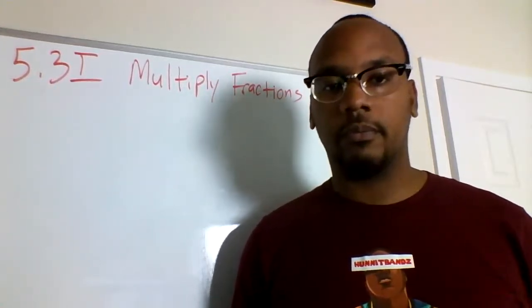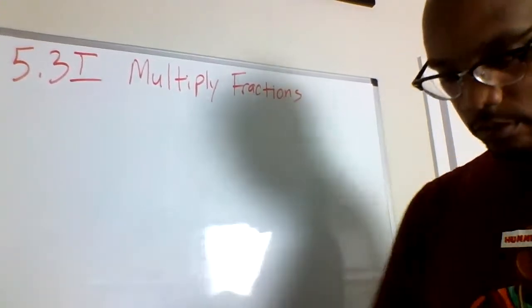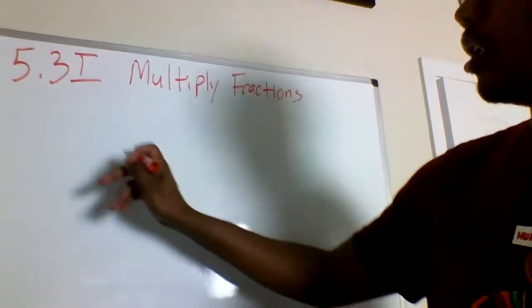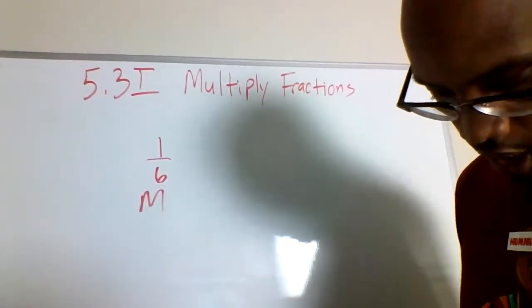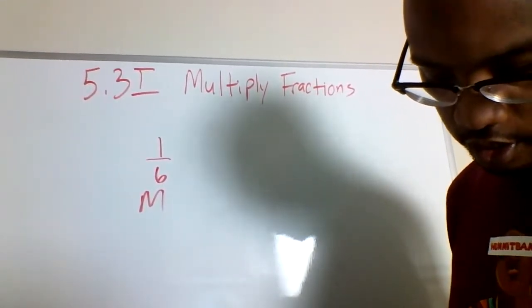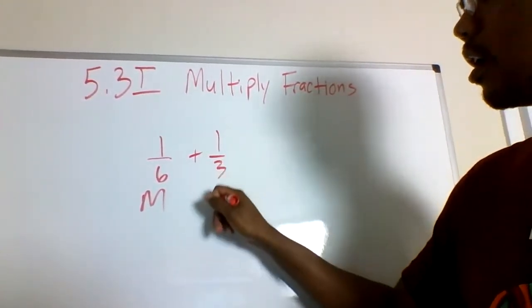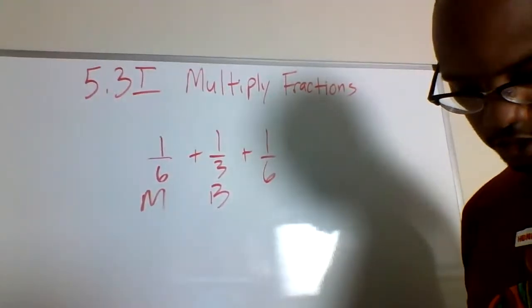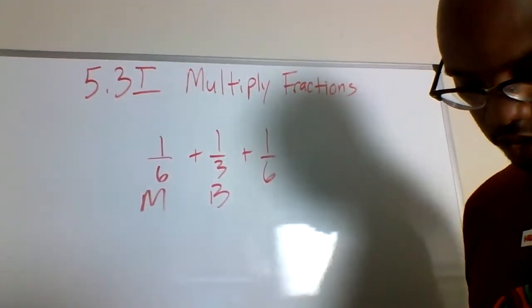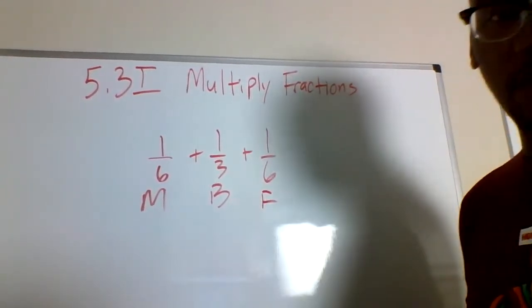Well, if Mary ate 1/6, and her brother ate 1/3, and her father ate 1/6, and you want to know what is all of them put together?